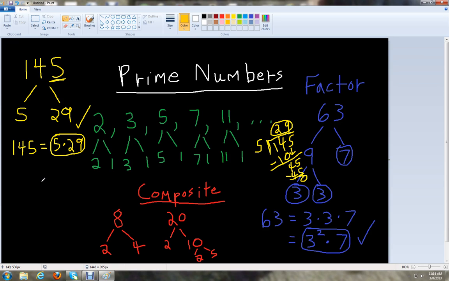Let's do 216. We know that this is an even number, so it's divisible by 2.